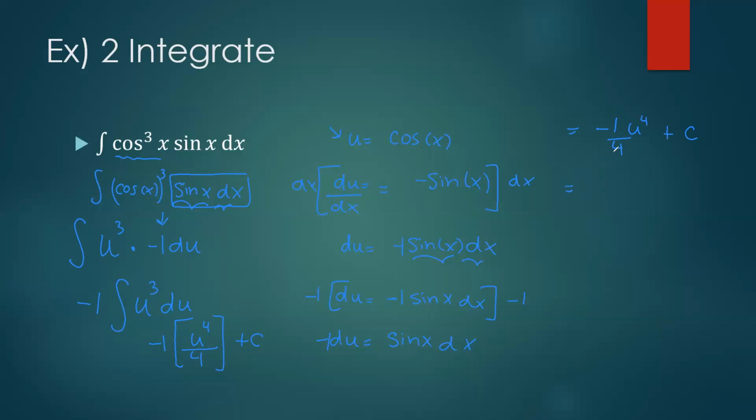And then just substitute your u with cosine x. So it'd be negative 1/4 cosine of x to the 4th power plus c. Okay, so that's your final answer.